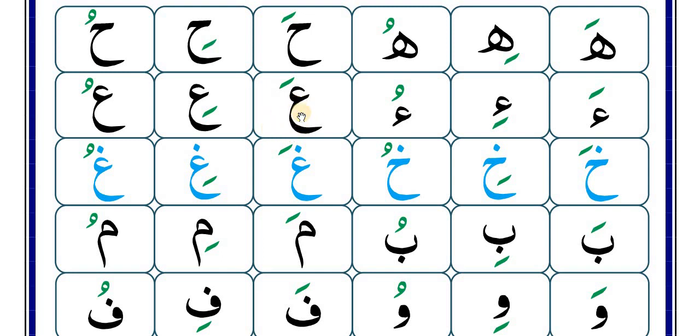So this is ain, and we will read these letters one by one separately. This letter is a little difficult. Like a, don't read a. This is ain, pronounced from the middle part of your throat. A, re, ru. Now repeat after me one by one.